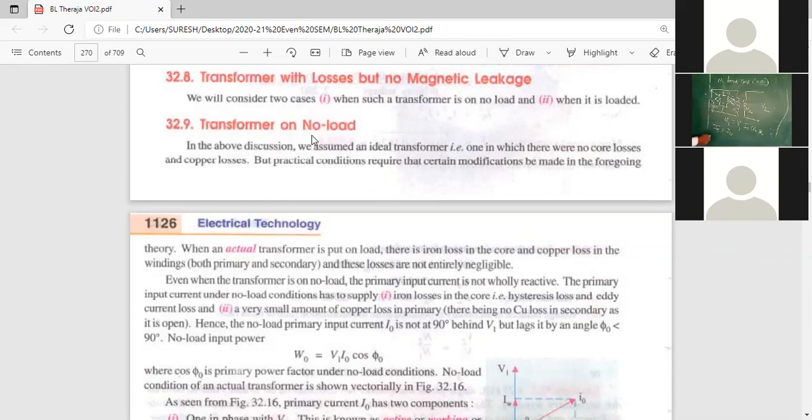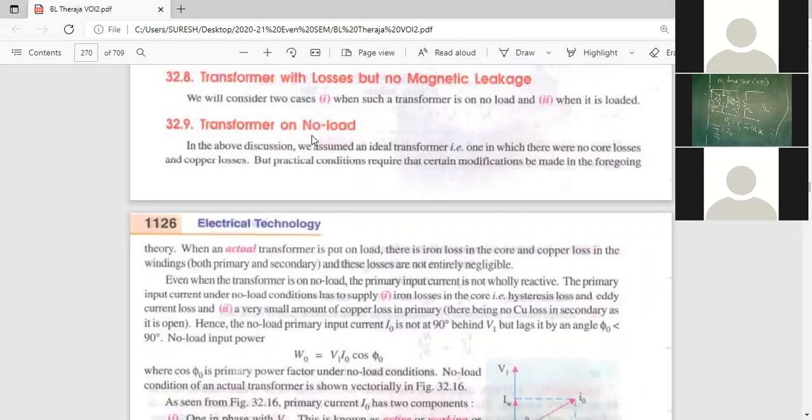Both are one and the same. IE is the exciting current or working current. IE is equal to IW, both are one and the same, exciting current or working current.